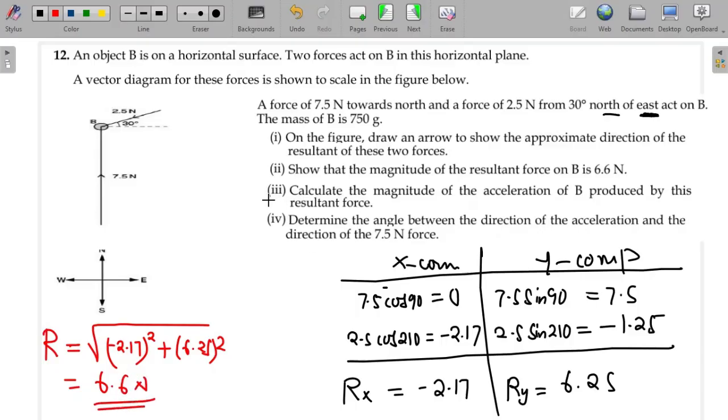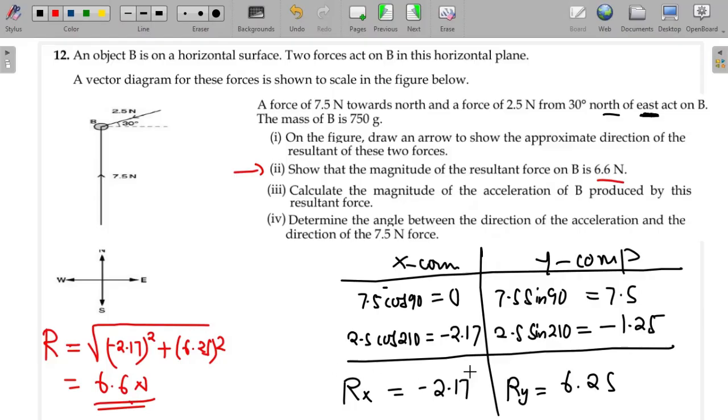If you check our question, they were saying, show that the magnitude of the resultant force on B is 6.6 newtons. This is exactly what I found there. So hence shown. And then now we need to find the direction.